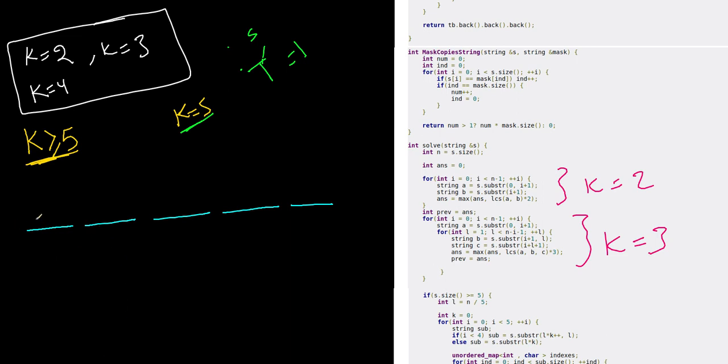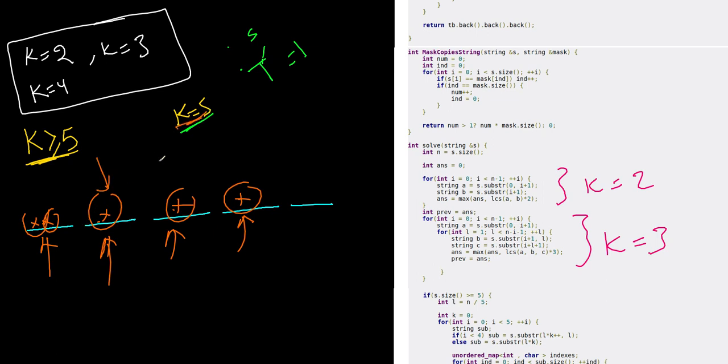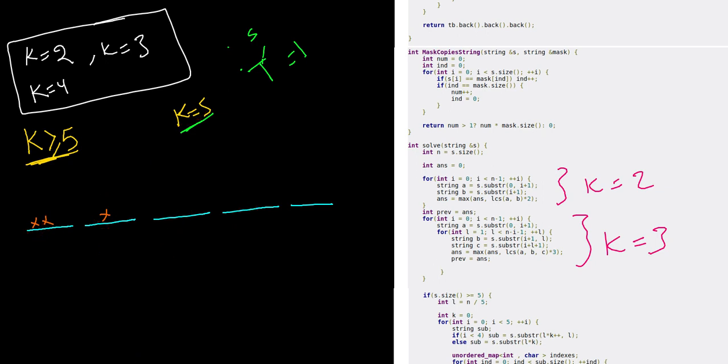So we can put the longest common subsequence, or the longest powerful subsequence. These are 1, 2, 3, 4, 5, and as you can see here, at least one of the segments contains this copy, because we have k equal 5, we have 5 copies. So at least one segment contains that copy.